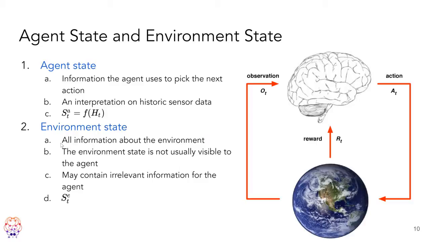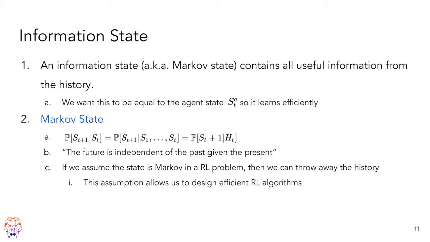The environment state instead is all the information about the environment. So if you think about the universe, it's like every single atom or something. Or you could go further deeper or whatever. But it's all the information maybe in a simulation to produce what happens next. All right.